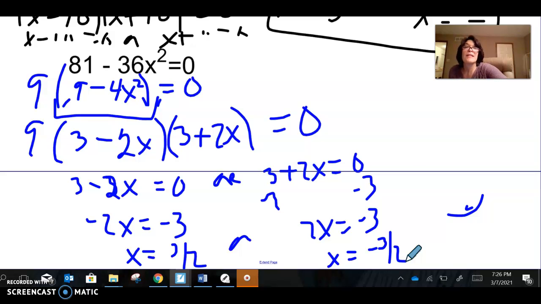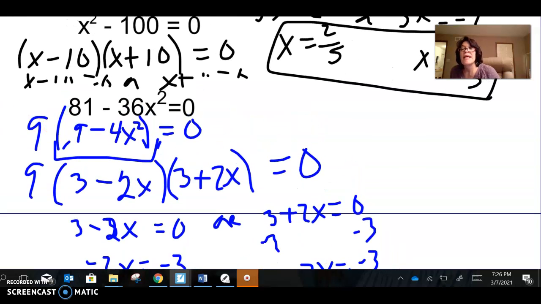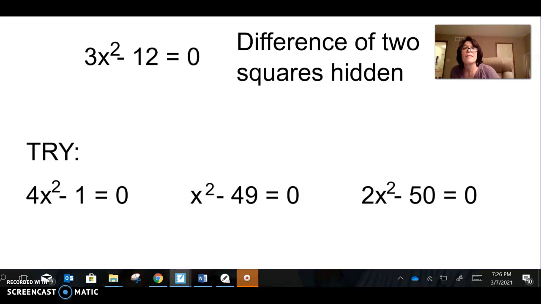I got 3/2 and negative 3/2 the other way, but I had the 9/6 and negative 9/6, so I had to end up reducing it. If you remember to take your GCF out first, and then you notice it's the difference of two squares, it makes it a little bit easier.